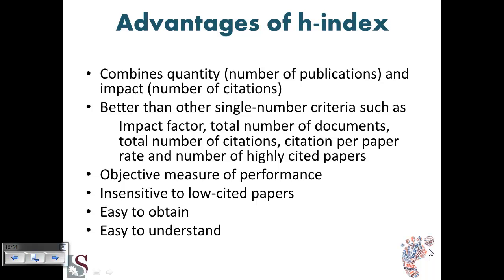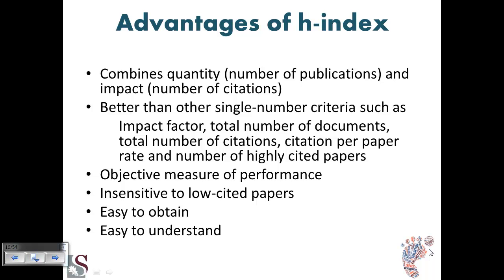It is regarded as an objective measure of performance. It factors out low cited and high cited papers. It is easy to obtain. It's not something you have to calculate yourself. It's very easy to find with Scopus and those products that Peter will show you later on. It is also easy to understand and also easy to calculate yourself if you have to.